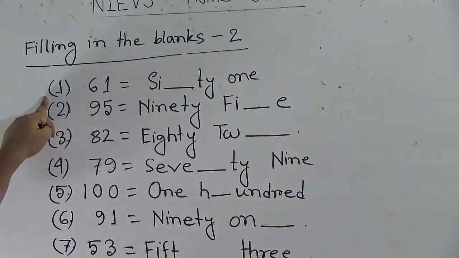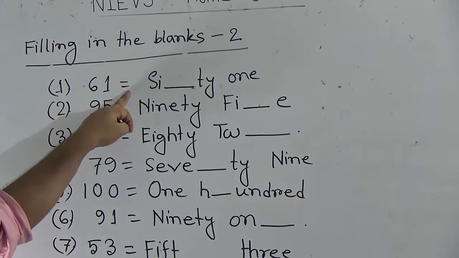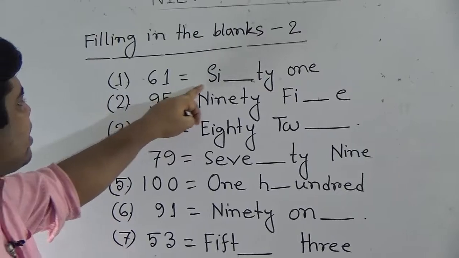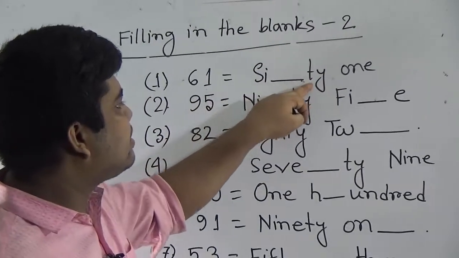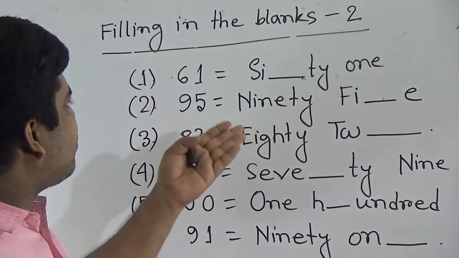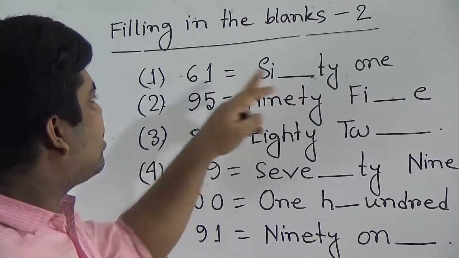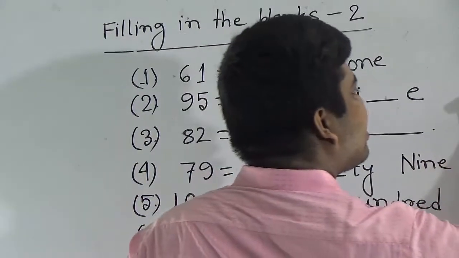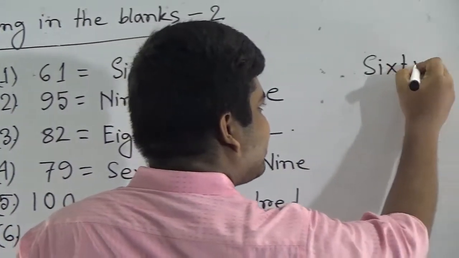So the first question is 61. Here SI-TY ONE, 1. In order to find the answer, we know the spelling of 60. What is the spelling of 60? SIXTY.